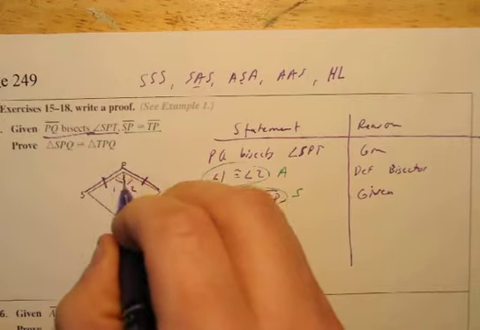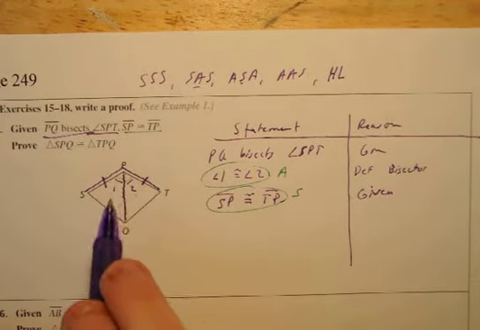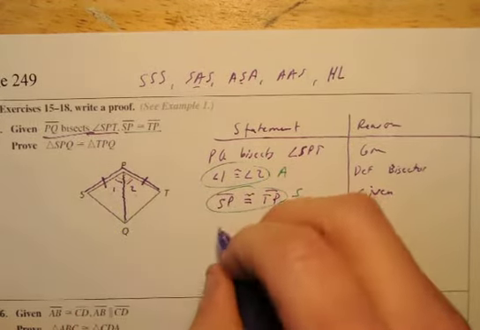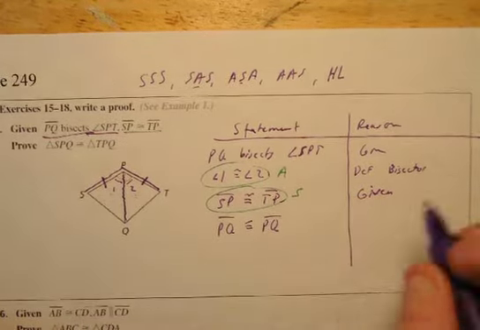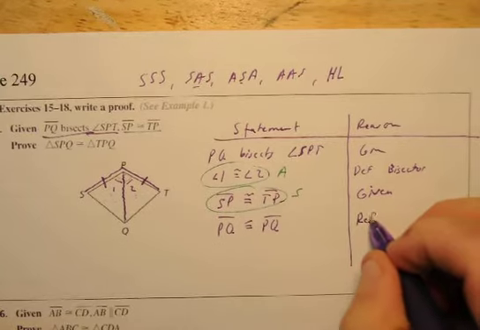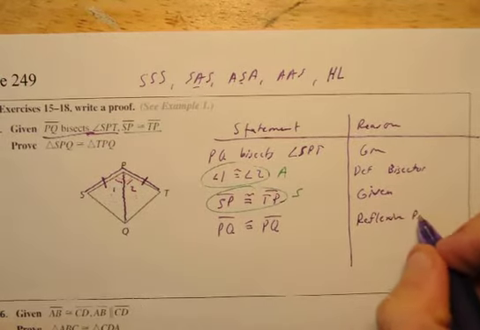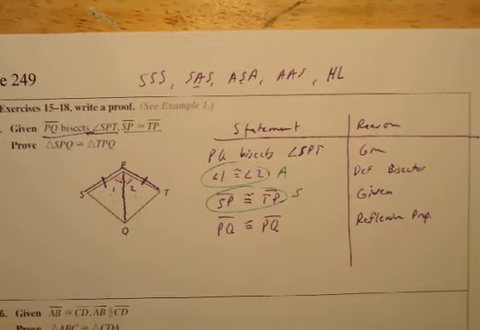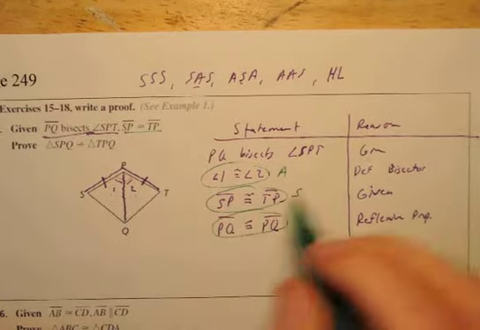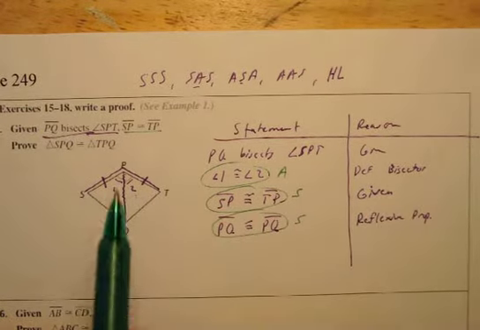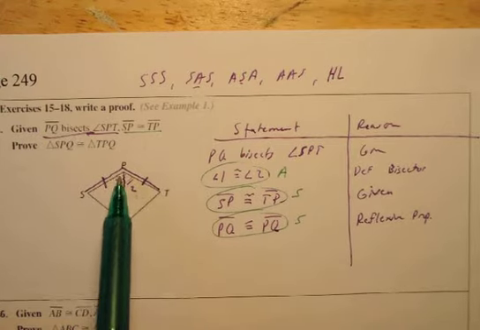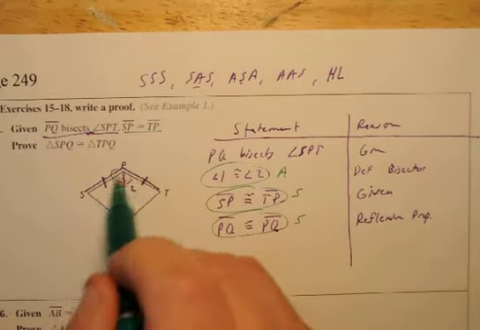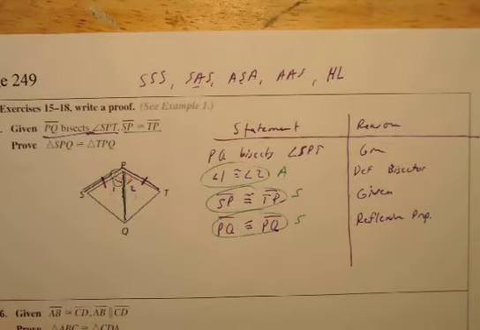But over here in the diagram, we can see that both of these triangles share PQ, so we're going to write that PQ is congruent to PQ. That's called the reflexive property. And that represents a set of sides. And you can see that we got a side, an angle, and then a side. So the angle is included between 2 sides.